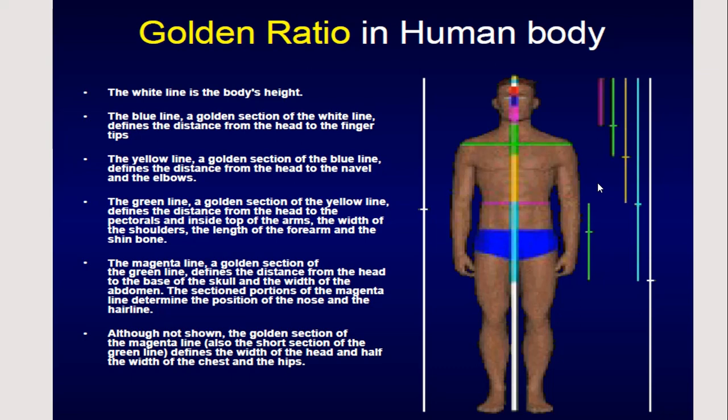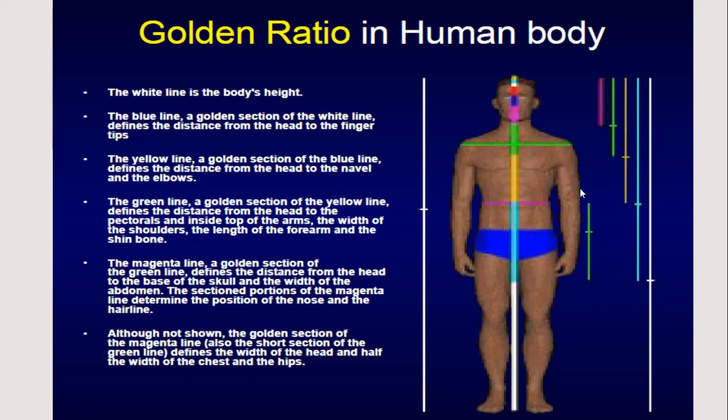The yellow line, a golden section of the blue line, defines the distance from the head to the navel and the elbows. The green line, a golden section of the yellow line, defines the distance from the head to the pectorals and inside top of the arms, the width of the shoulders, the length of the forearm, and the shin bone.